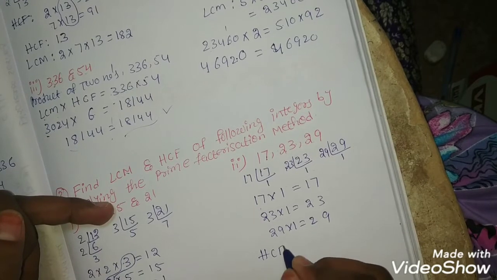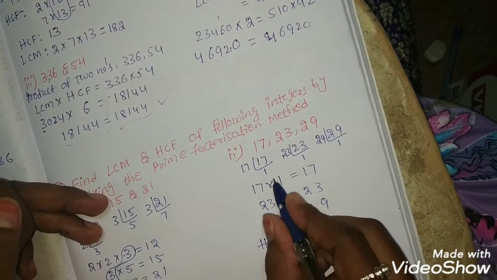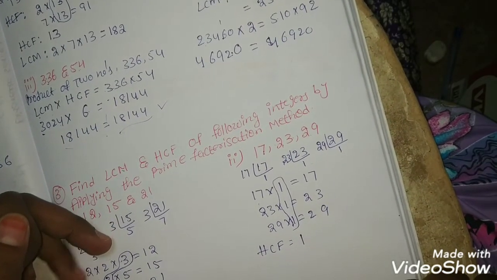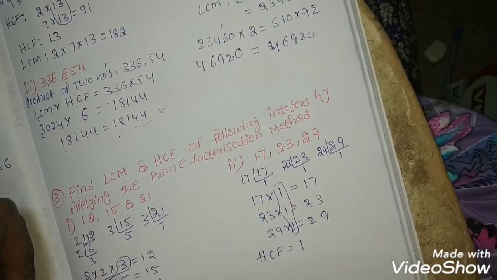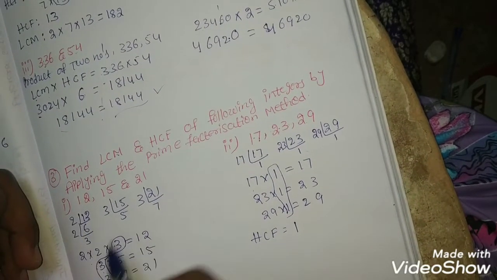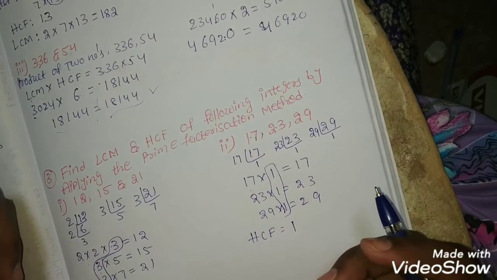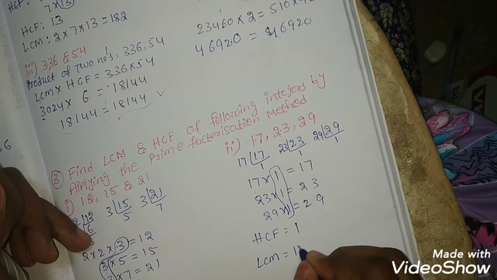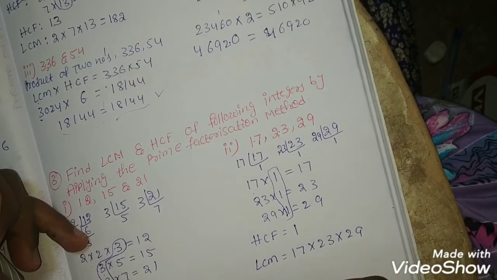So to find HCF, which one is common here? Only a single 1 is common here. So our HCF is 1. I told you, no? If they are prime numbers, then our HCF is always 1. If we have to find the LCM, the product of these numbers is our result. To find LCM, simple, we have to multiply 17 into 23 into 29.